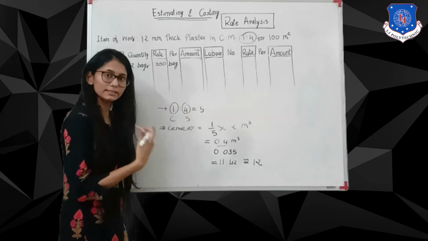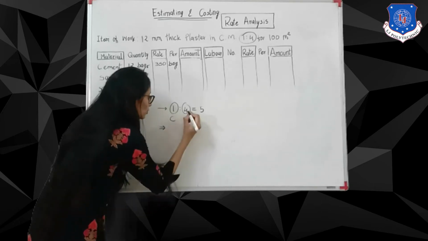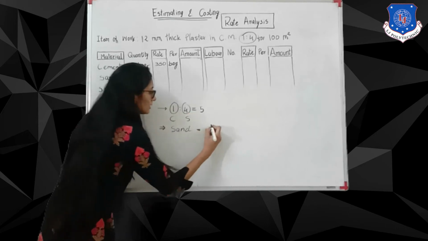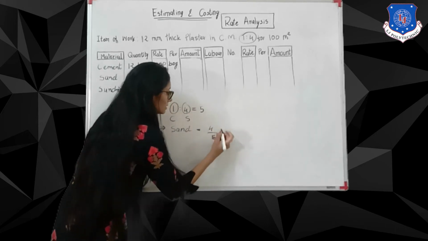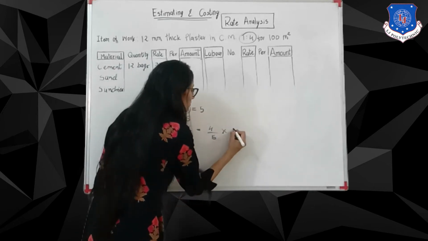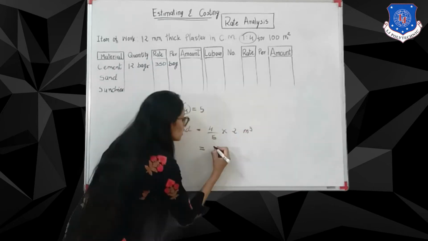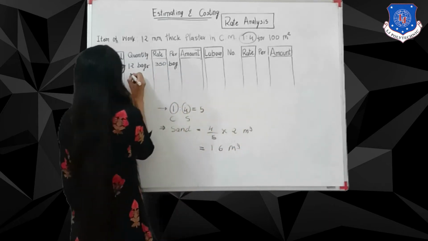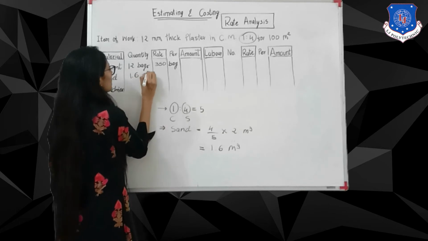Now let's calculate the sand. Sand is used 4 in proportion, as you can see, out of 5 parts into the mortar standard, which is 2 meter cube. Now we have the sand quantity, which is 1.6 meter cube.